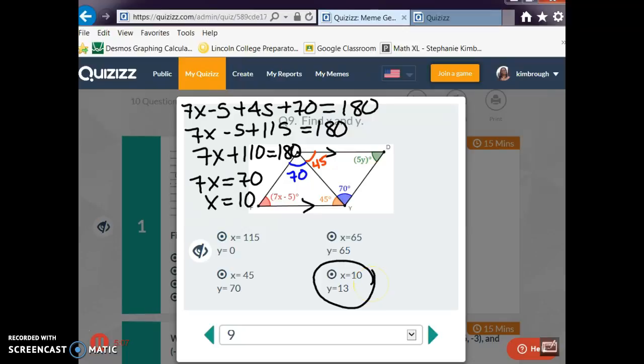Just for the sake of argument, we can do that again, as long as I'm doing that with the y. So, I have 45 plus 70 plus 5y. 45 and 70 is 115 plus 5y equals 180. Subtracting 115 from 180, that gives me 65.